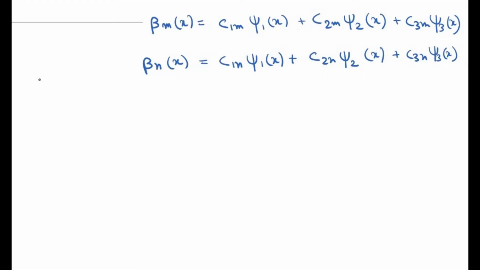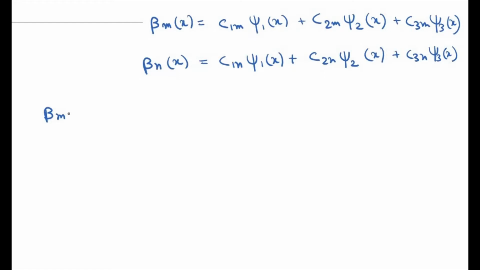Let me just conclude another thing, that beta m and beta n can be represented in matrix notation like this.